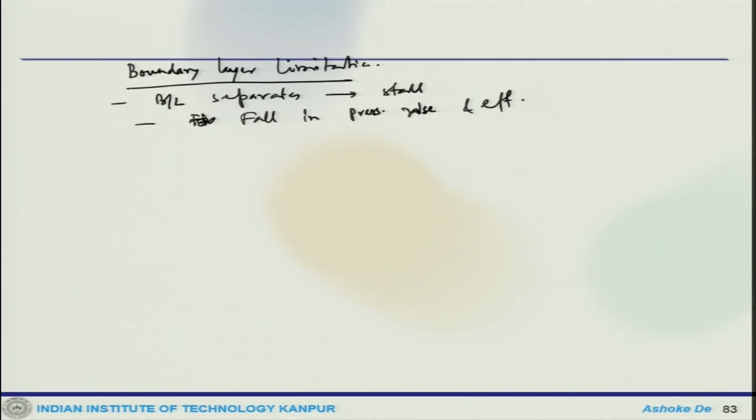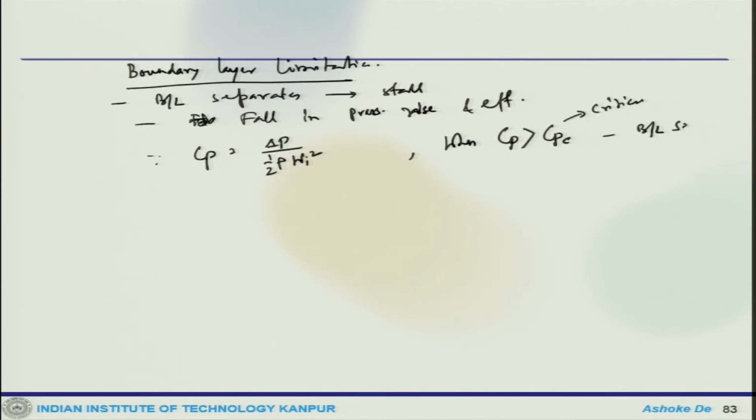So, boundary layer separation can occur at end walls or at the blade surface. The blade passages can be considered to be diffusers, where air has to move against a negative pressure gradient. So, boundary layer separation can occur. Since Cp is delta P by half rho W1 square, when Cp is greater than Cpc, which is the critical one, boundary layer separation takes place.